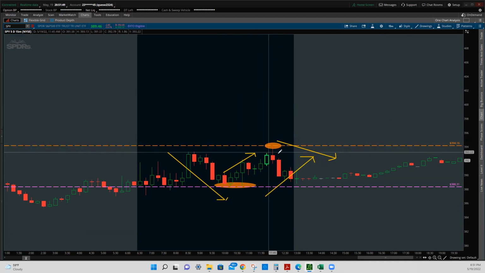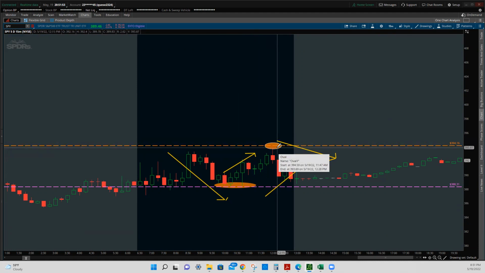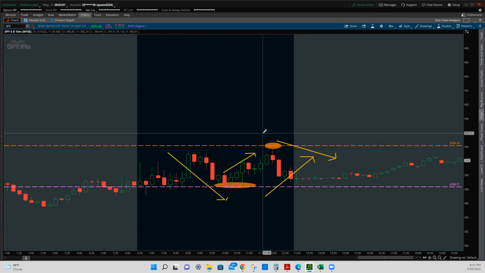Hypothetically, if you were to enter a short position and sell right here, you can sell or buy a put option, open up a short position, and then you can ride it down to the support level, which would be your exit. So in an uptrend, right?